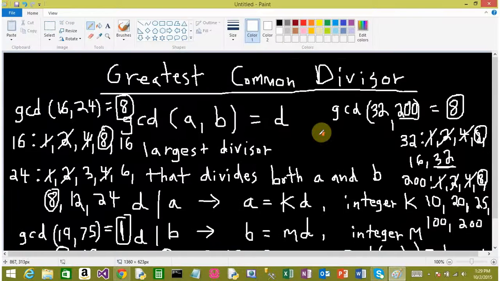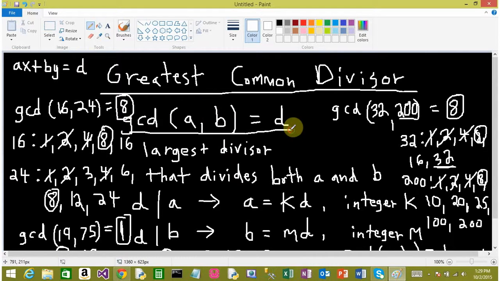We'll also learn how to solve this equation, ax plus by equals d, where d is the GCD of a and b. We'll learn how to figure out the integers x and y that satisfy this equation.